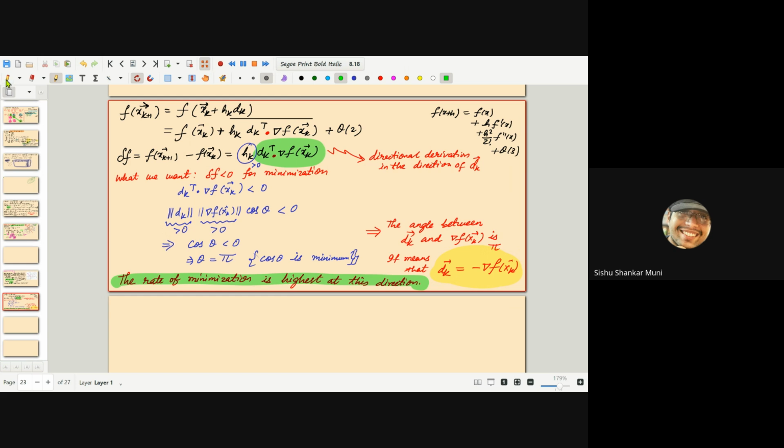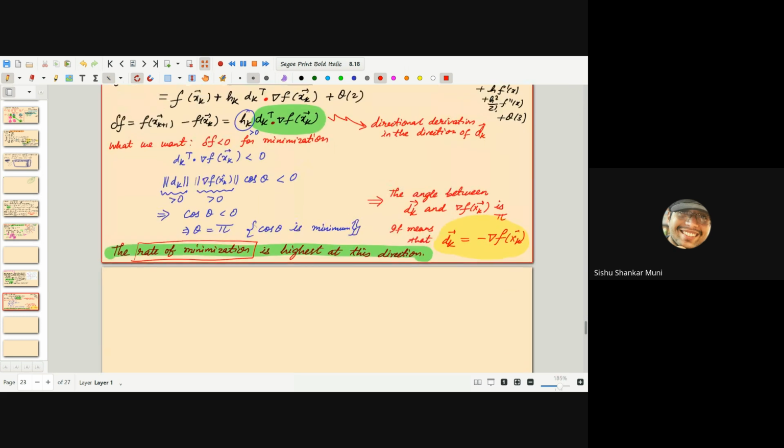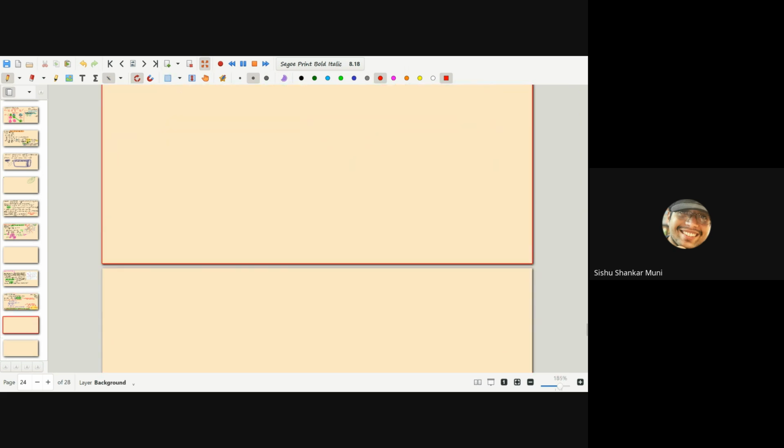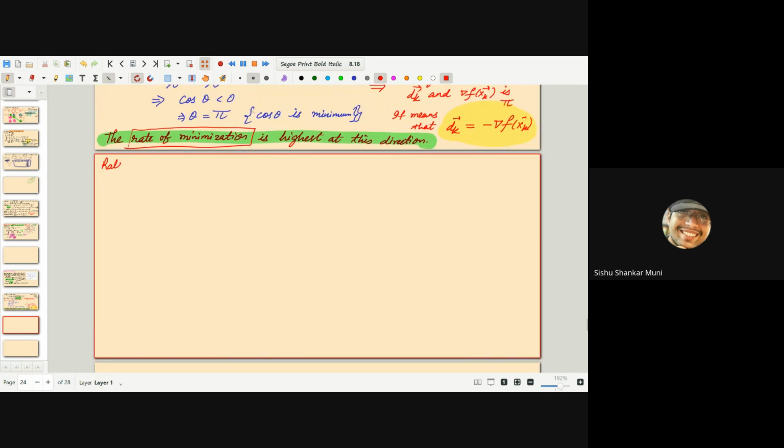You should ask me, what is meant by rate of minimization? Rate of minimization refers to the reduction of the value of the function over a unit distance.